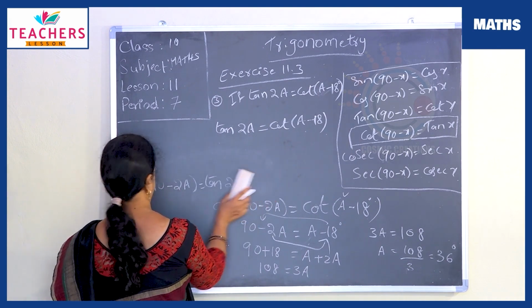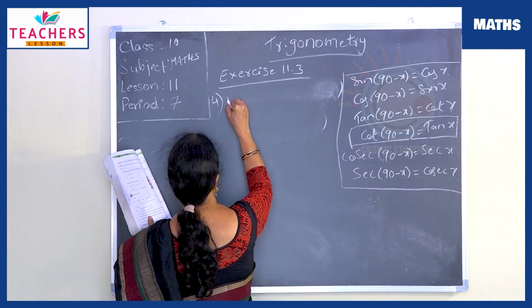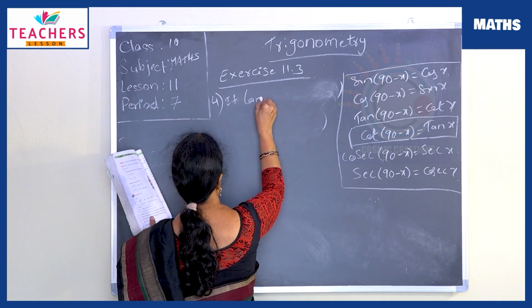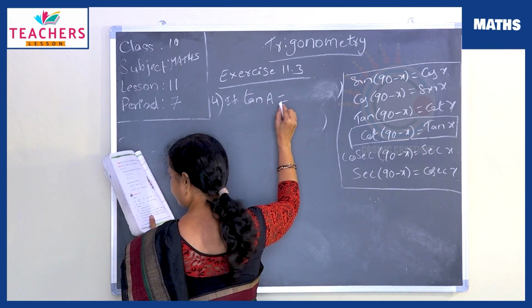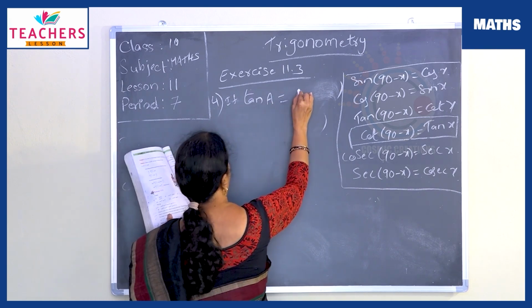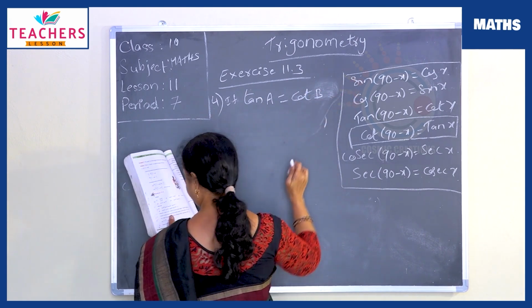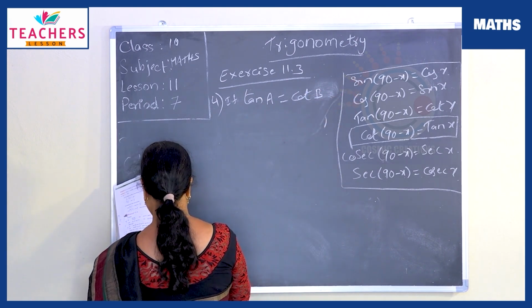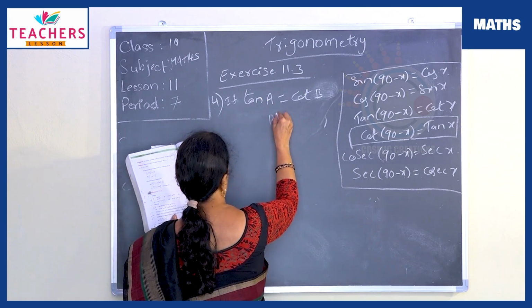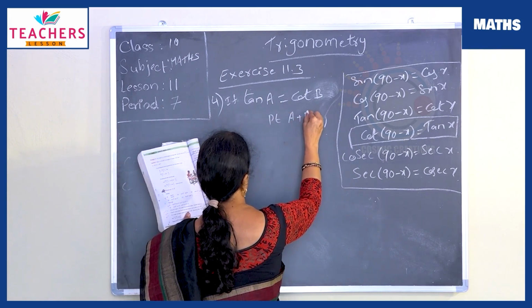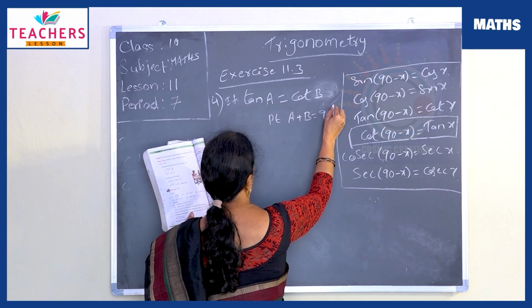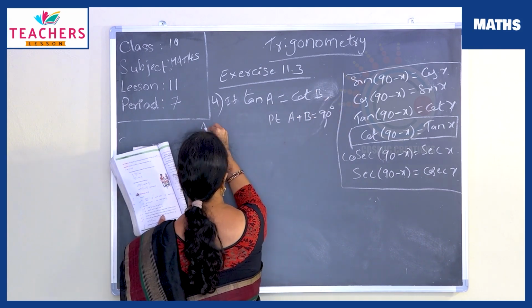One more question, that is the fourth one. If tan A is equal to cot B and A and B are acute angles, prove that A plus B equals 90 degrees.